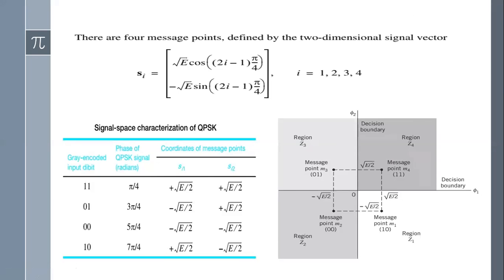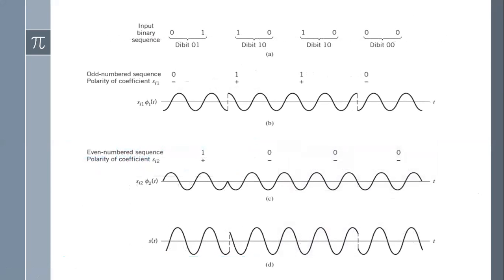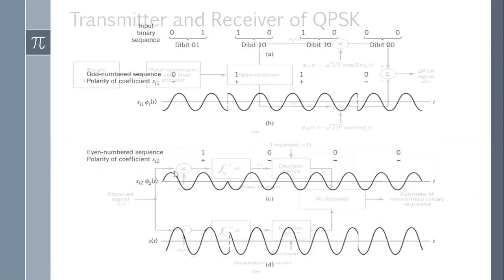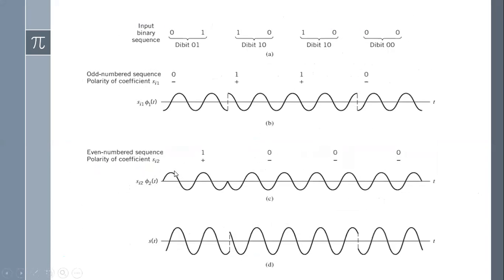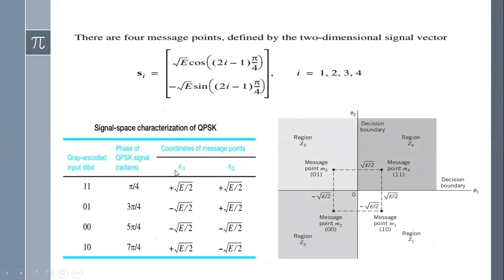Now let me go to the practical situation. What is happening in the practical situation? Let us see how we are modulating this. If you see in this table, I have written Si1 and Si2.